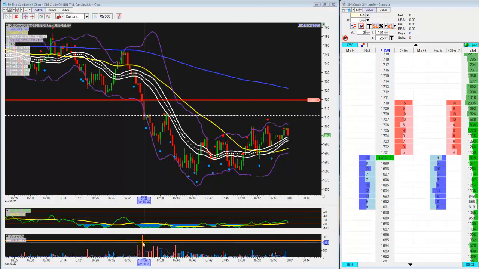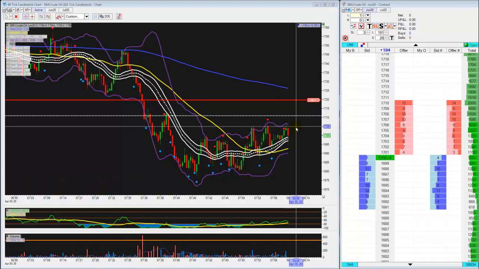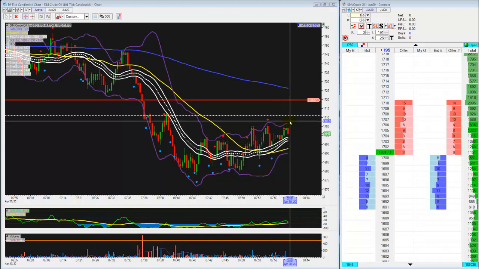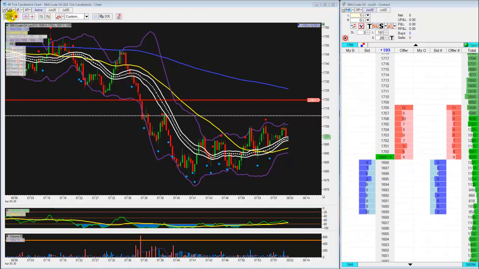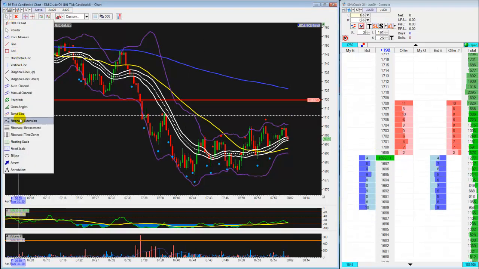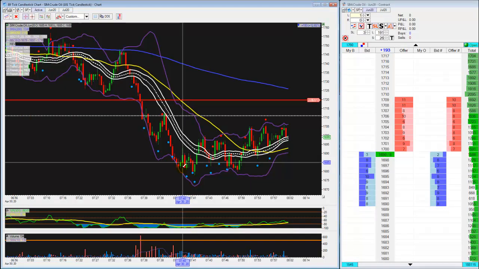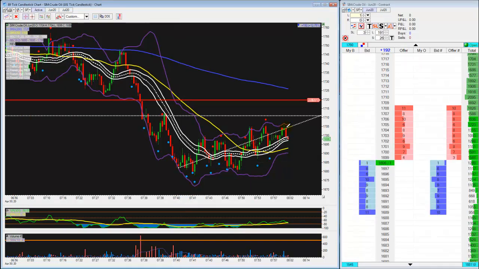Remember, we're in what I call a tiebreaker. I'm a short side trader. I favor the short side. I see a short in everything, believe it or not.